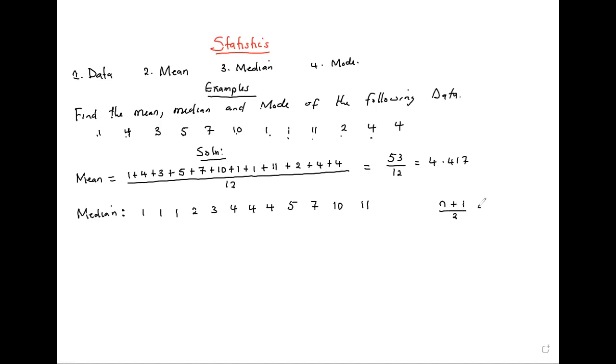So if you do that, we have 12 plus 1 over 2, we'll get 13 over 2, which is 6.5. If you count the positions, 1, 2, 3, 4, 5, 6, 7. So 6.5 is supposed to be in between here. This position is supposed to be 6.5, but it's not there.